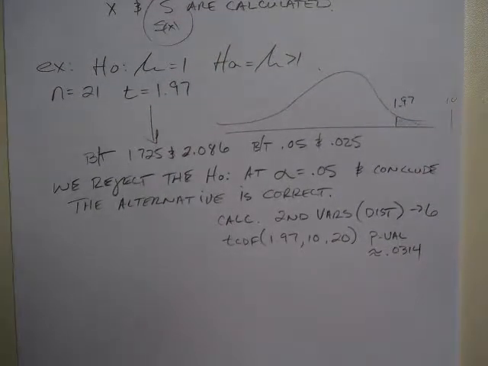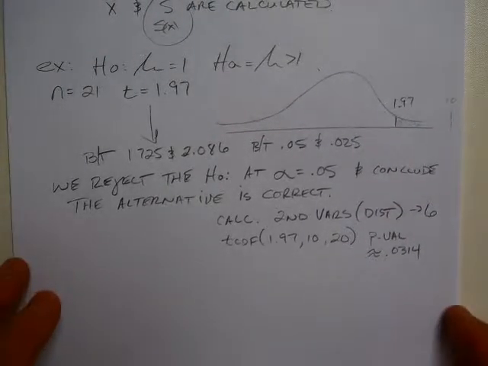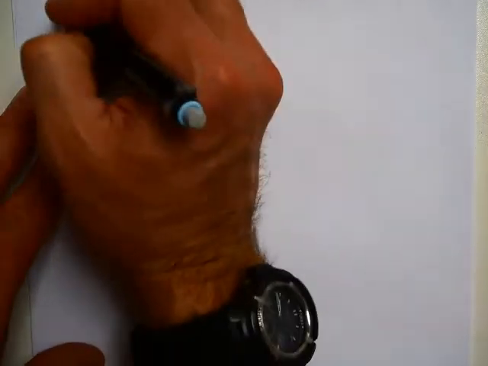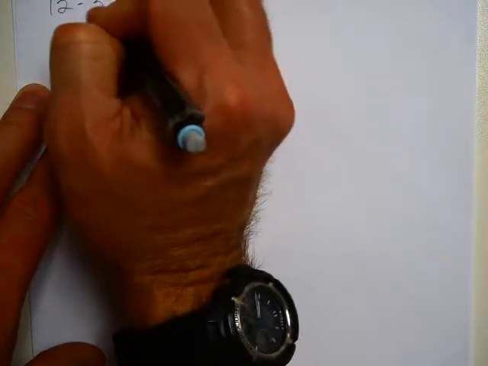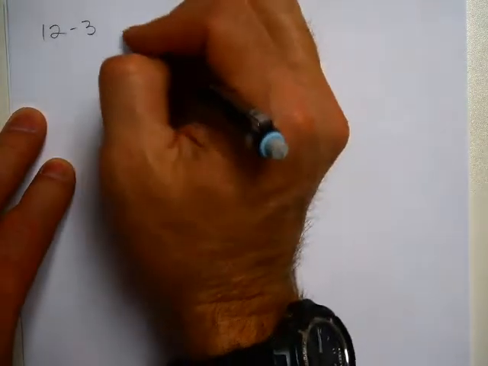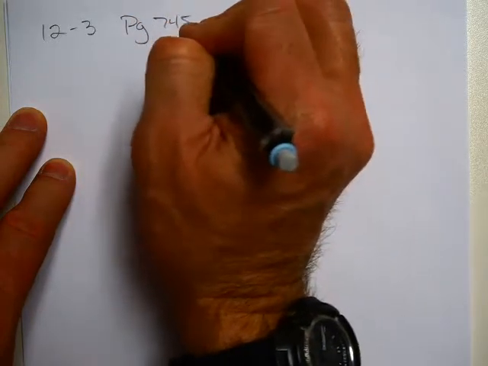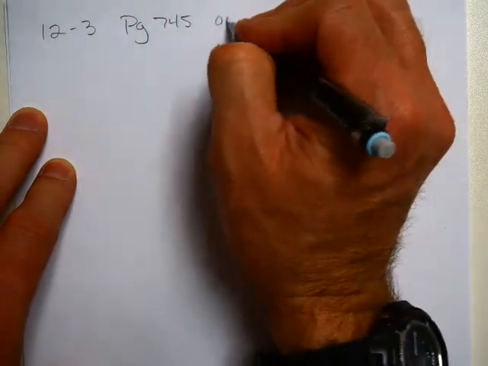Let's look at an example from the book. Everybody with me? This is the first problem in the set, 12.3. It's on page 745. And it's a one-sided t-test.